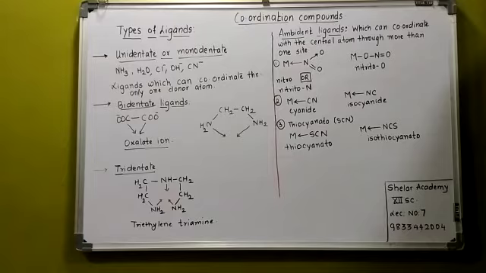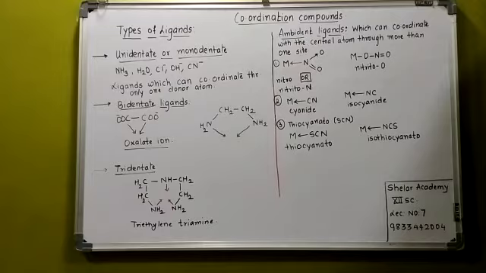The very first, as I have written, is called unidentate, or the same is called monodentate. Mono means one, uni means one. What do you mean by unidentate or monodentate ligands? The ligands that coordinate to the central ion through only one donor atom.